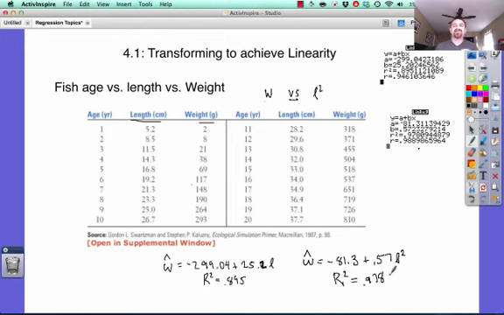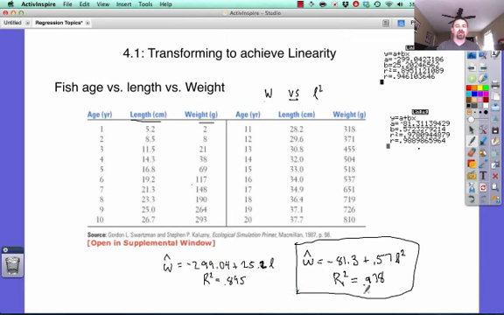What I did here was, instead of graphing the original x versus the original y, I got tricky and graphed the square of the x versus the original y. But I didn't have to use the quadratic regression. Instead, I still used linear regression, but I used linear regression on transformed variables.